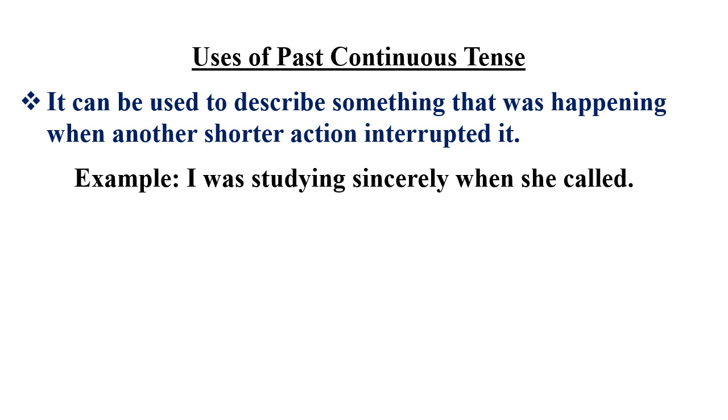So when a longer action is disturbed or interrupted by another shorter action, then the longer action can be said in past continuous and the shorter action can be said in simple past. So here the longer action of studying sincerely is interrupted by the shorter action of her calling. So the shorter action she called is said in simple past and the longer action is said in past continuous.